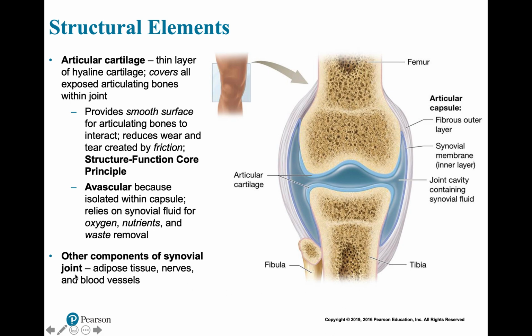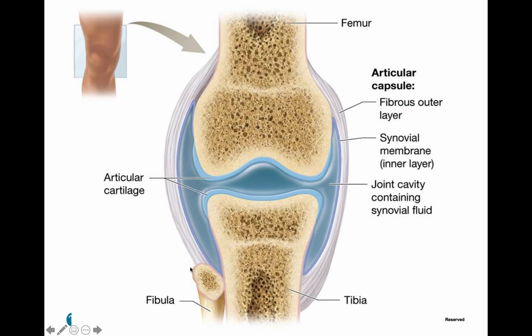And then blood vessels, but again, those blood vessels would be limited to our articular capsule in the outer fibrous, dense irregular connective tissue, and then the loose connective tissue of the synovial membrane.